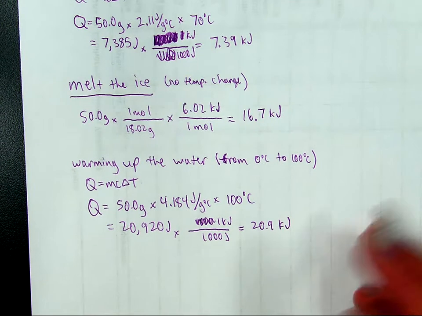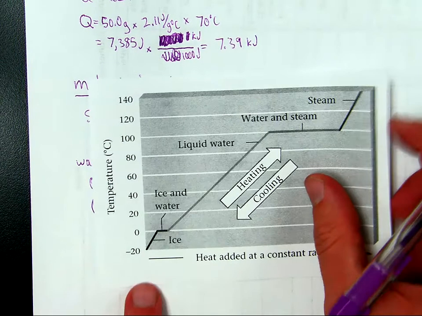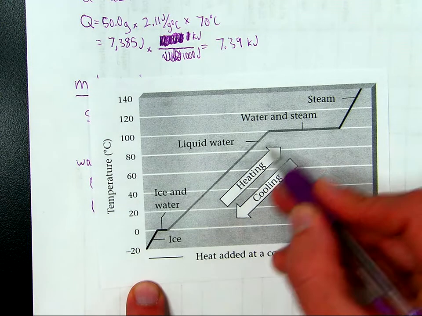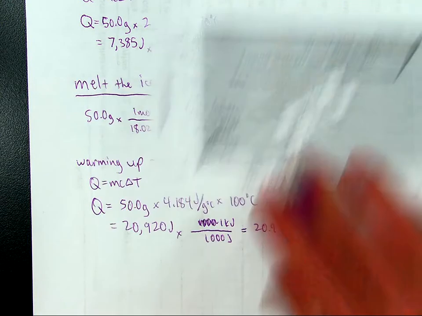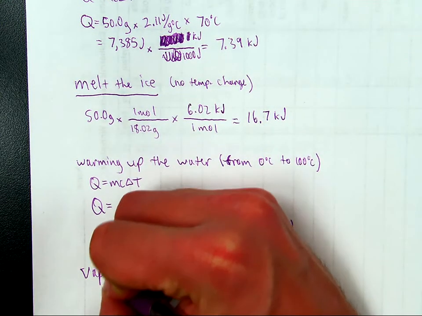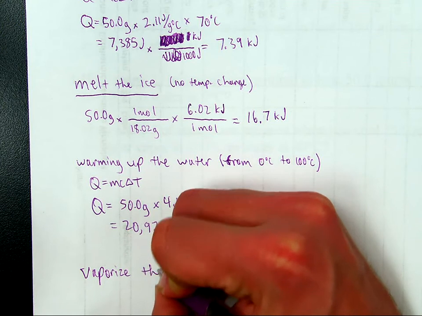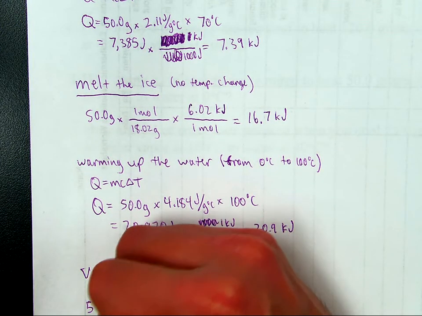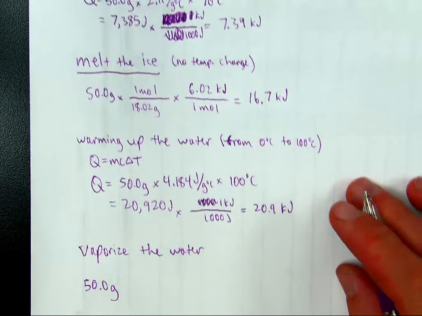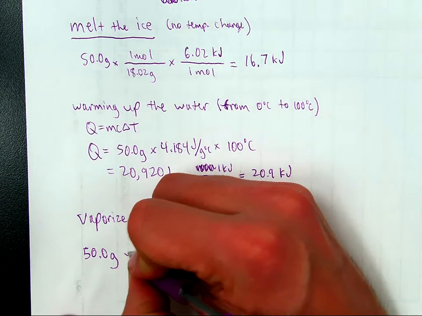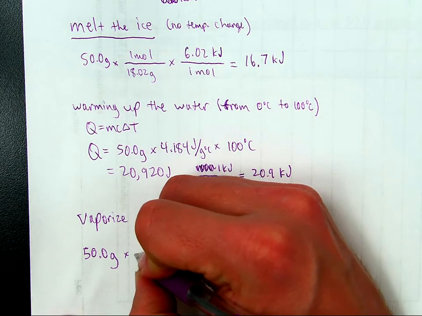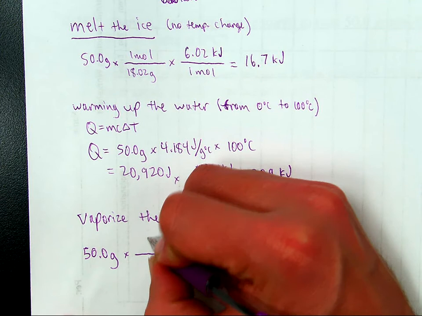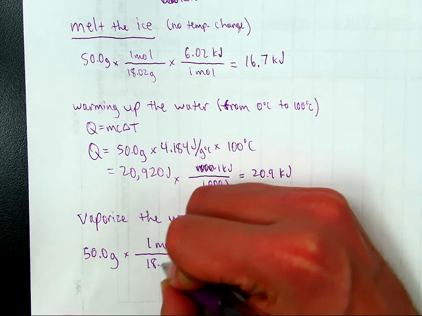Okay, at this point we have warmed the ice, melted the ice, warmed the water. Now to vaporize the water is the next step. So vaporize the water. Where you take the 50.0 grams and then convert to moles, where 1 mole is 18.02 grams.